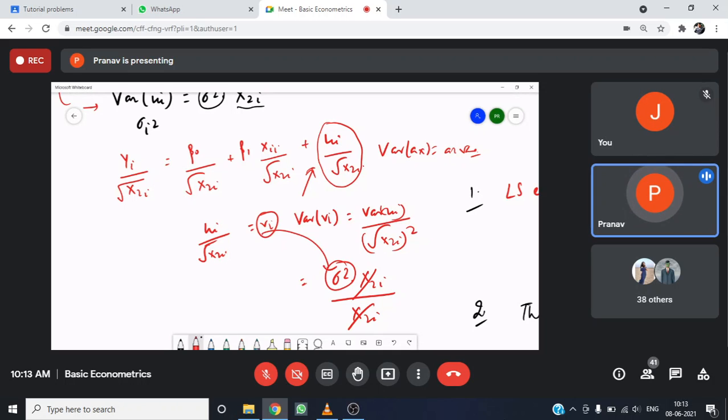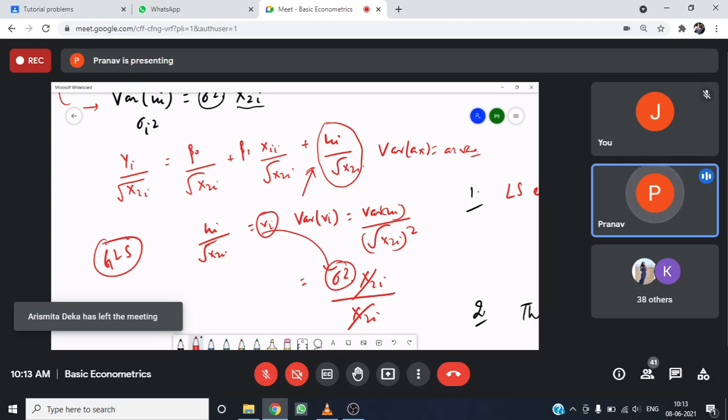Such methods are called generalized or feasible generalized least squares. So WLS, weighted least squares, is just one possible variant of a method of estimation called generalized least squares. But before we move to that, let us run a very simple command in R, where we'll try to understand how to run a weighted least squares regression.